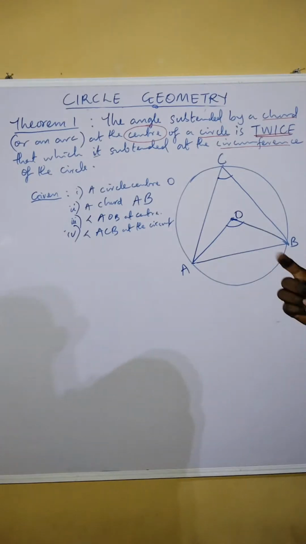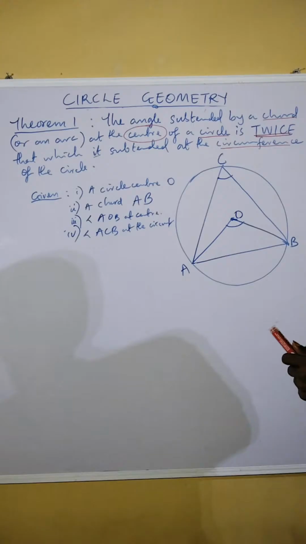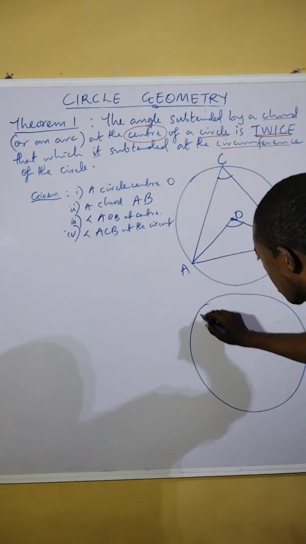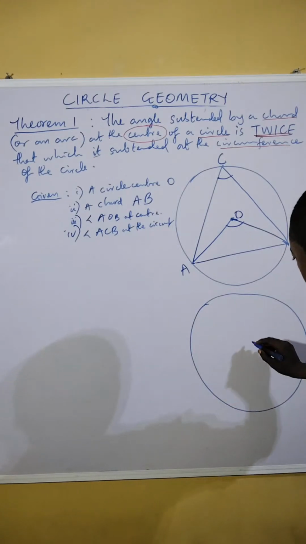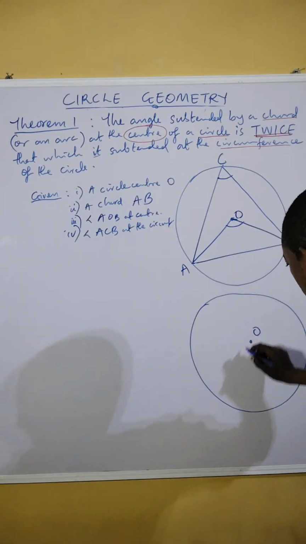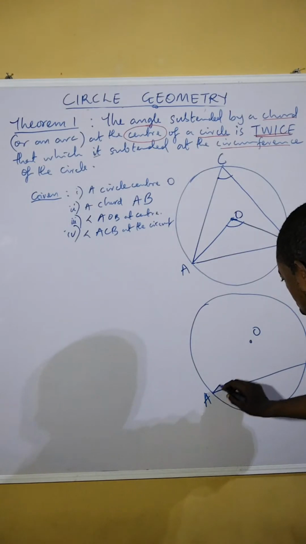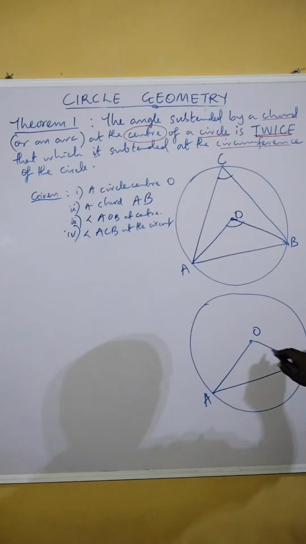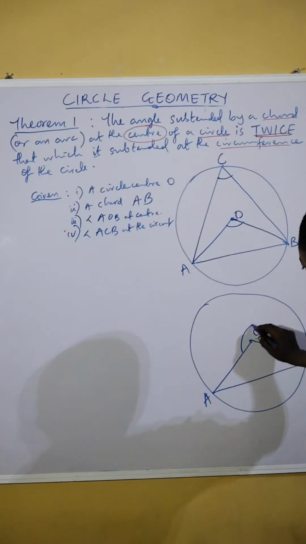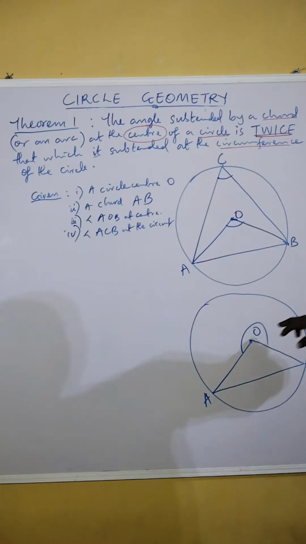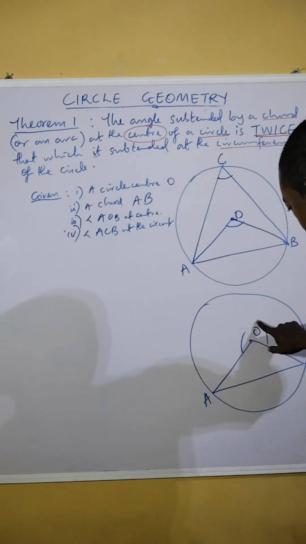And if I want to draw the second diagram for this, don't forget that since we have two angles at the center, we also have this diagram here. And this is the center of the circle here. We have this chord AB here, and we join A to O and to B. And we have this angle at the center here now. And here, the angle at the center is the reflex angle.